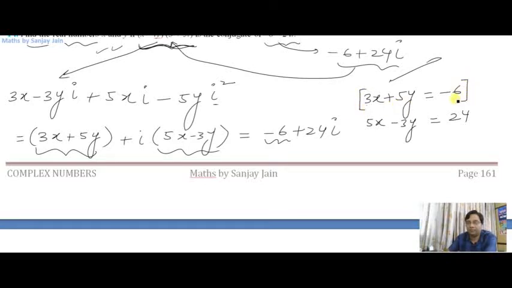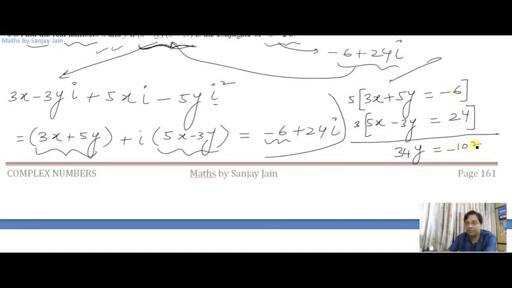So let me first multiply the first equation with 5 and the second one with 3. Now if I subtract, the terms containing x will get cancelled, and this will be 25y minus of minus 9y, so 34y, and it will be equal to minus 30 minus 72, so minus 102.